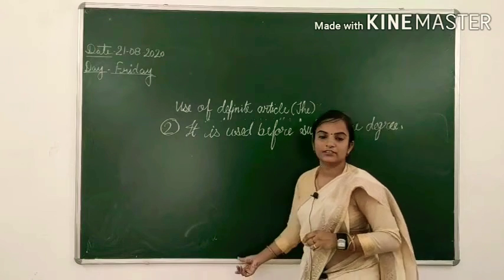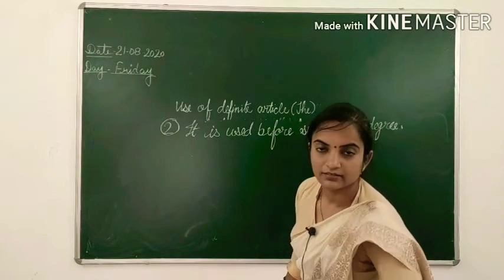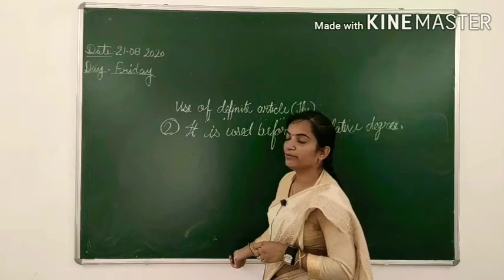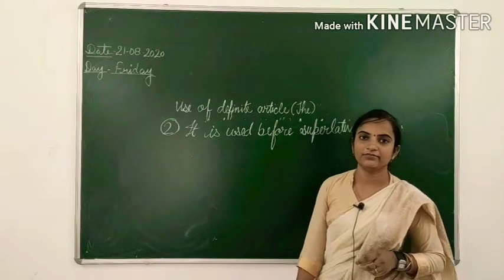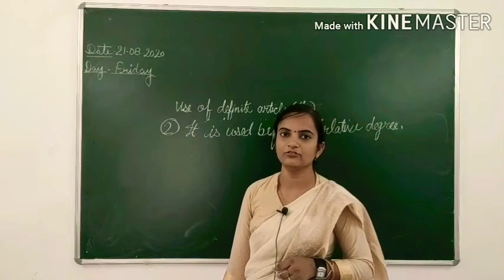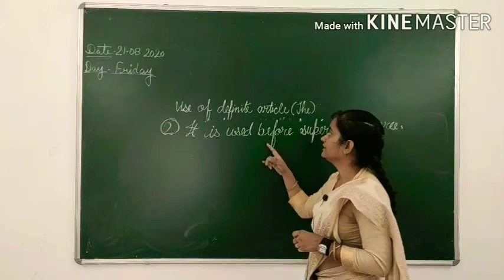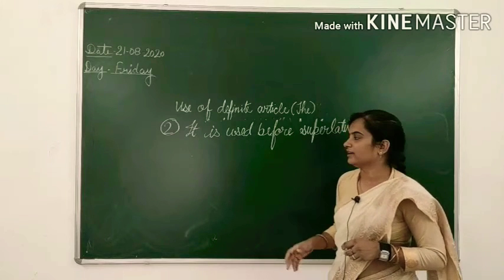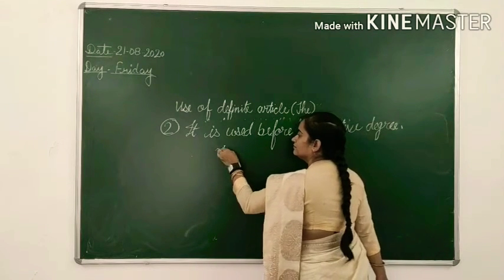Do you know the comparison of adjectives? There are 3 degrees in comparison of adjectives: positive degree, comparative degree and superlative degree. So the definite article the is used before the superlative degree. Have a look at some examples.